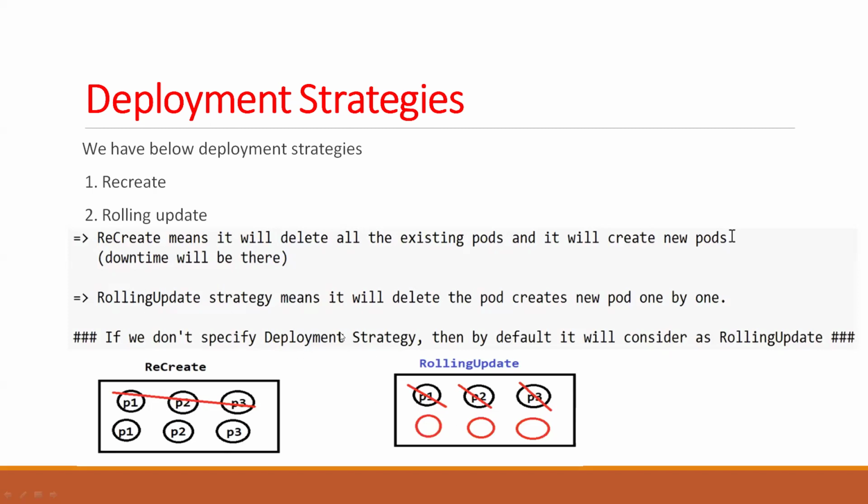Rolling update means it deletes the pods and creates new pods one by one. If you don't specify the deployment strategy, by default it is considered a rolling update.